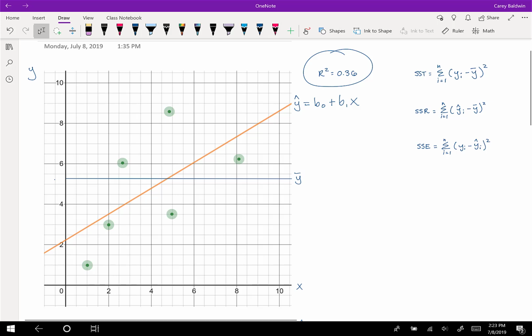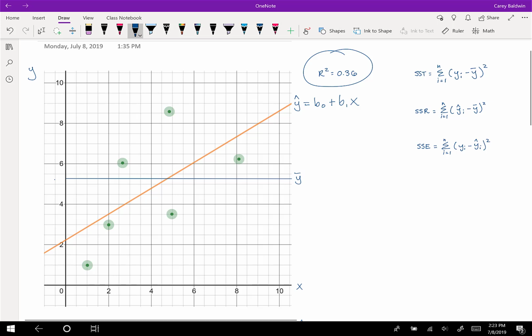Does the additional information of this factor help me better predict the response variable? Just some nuts and bolts here. The y bar is representing the average of whatever this variable is. The y hat is representing the model that I've created that takes into account this factor represented by x.